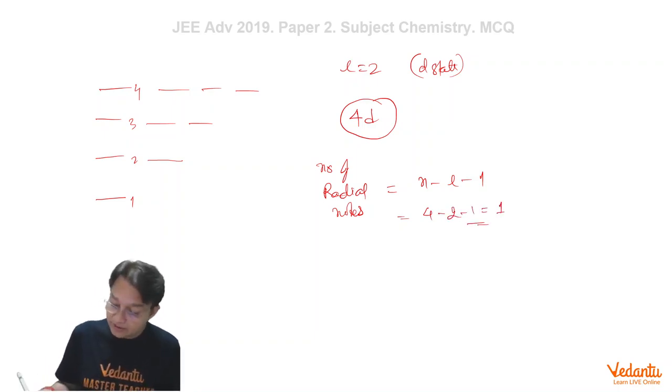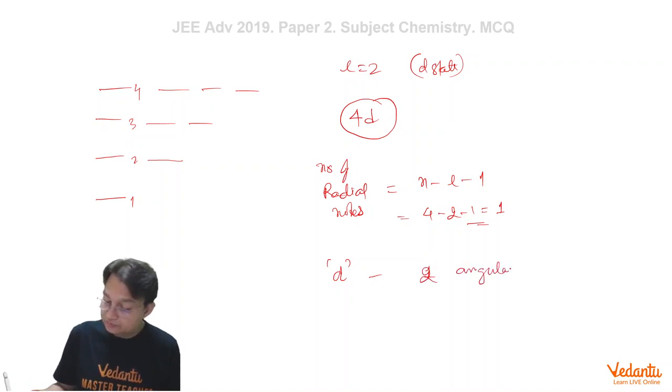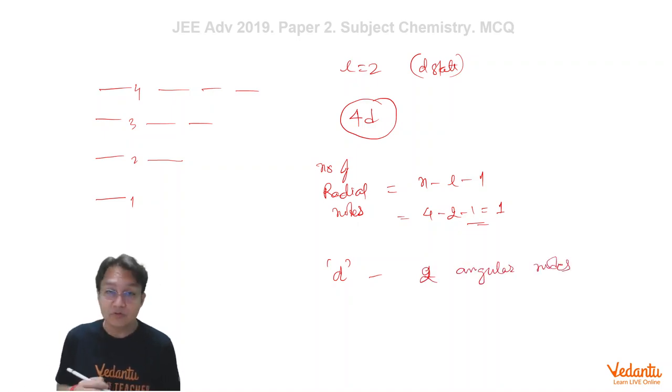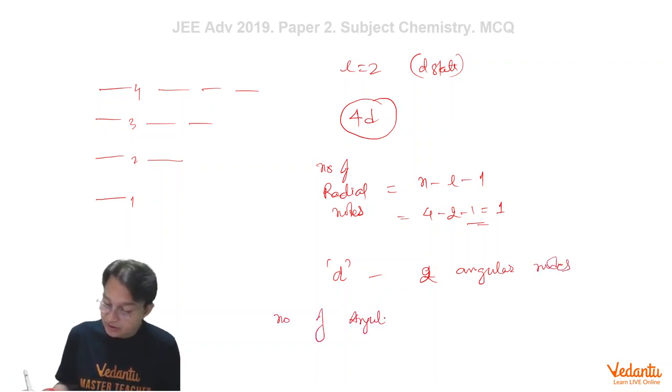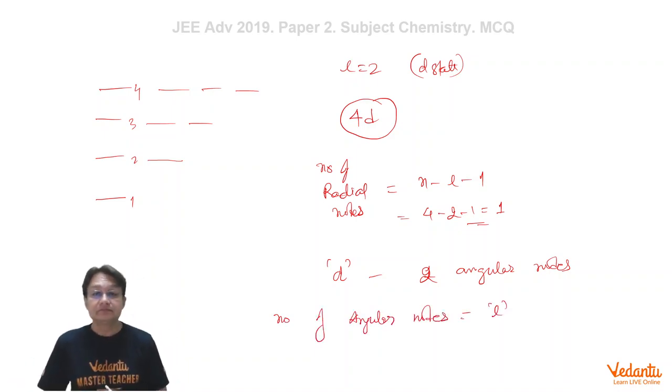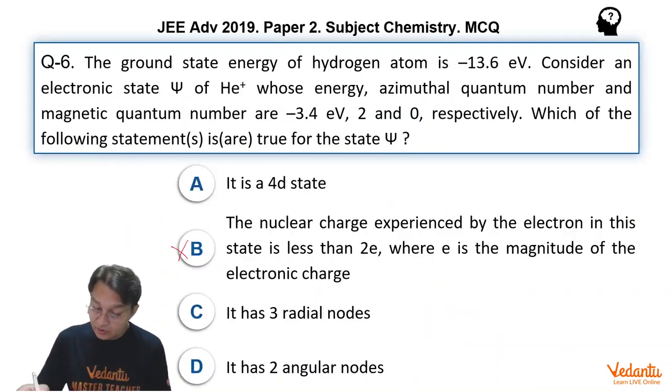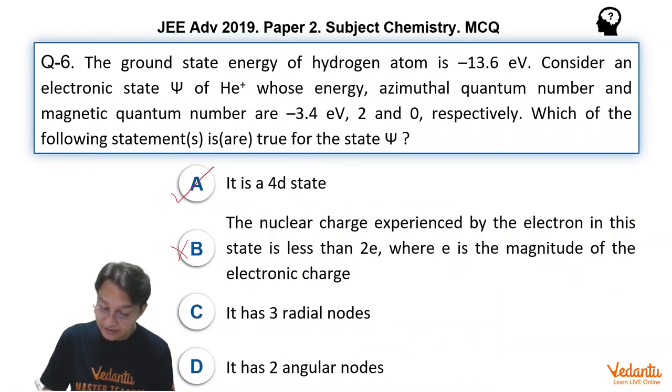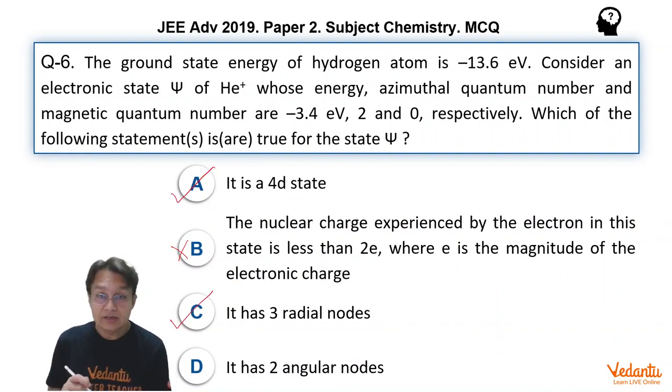And since it is a d orbital, it has two angular nodes, because the number of angular nodes is simply equal to L. So it is a 4D state, correct. It has 3 radial nodes, not correct. It has 2 angular nodes, of course it is correct. So the answer is A and D.